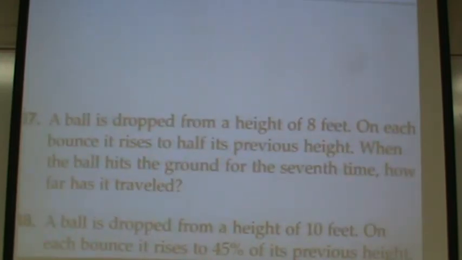So let's do this as a summation problem. If the ball dropped 8 feet first, we did a problem similar to this in class using just different numbers. It's 8 feet. It's saying when it drops, it's going to go half the distance. So what's half of 8? It's 4.